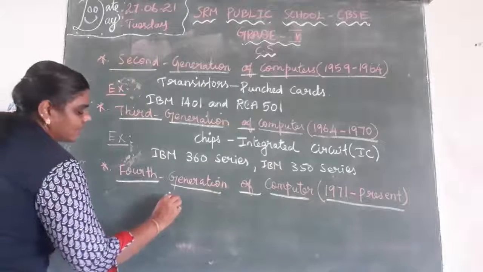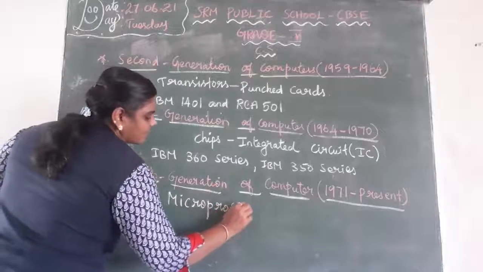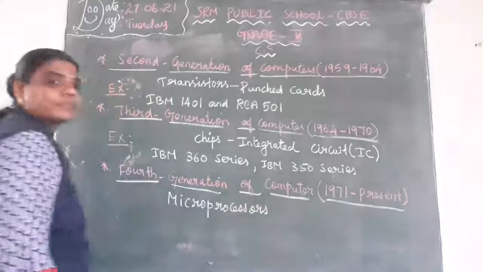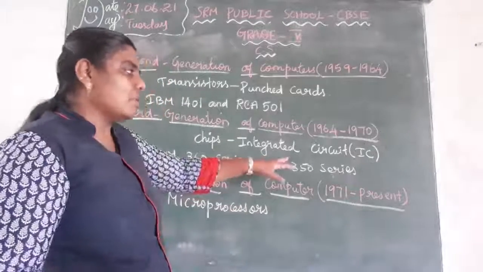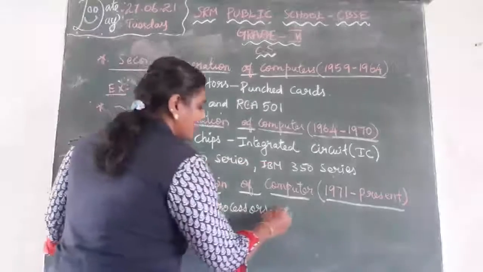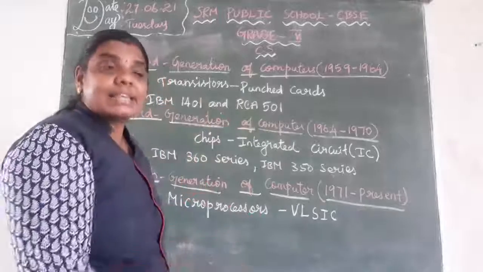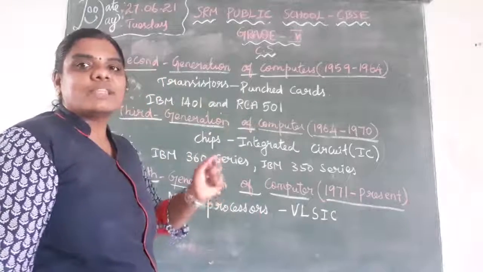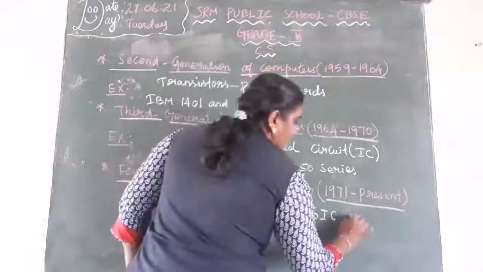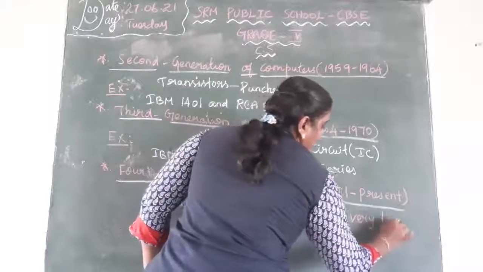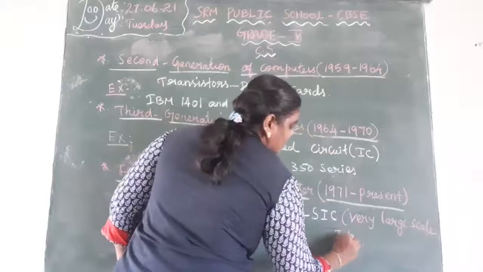Microprocessor. Microprocessors. Okay. That means it is the integrated form of IC. Okay. VLSIC. The full form of VLSIC means very large scale integrated circuit. Understand? Very large scale integrated circuit.